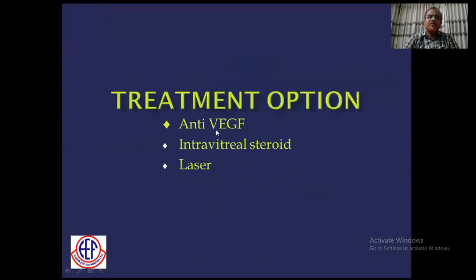Treatment options are anti-VEGF, intravitreal steroid, and laser.